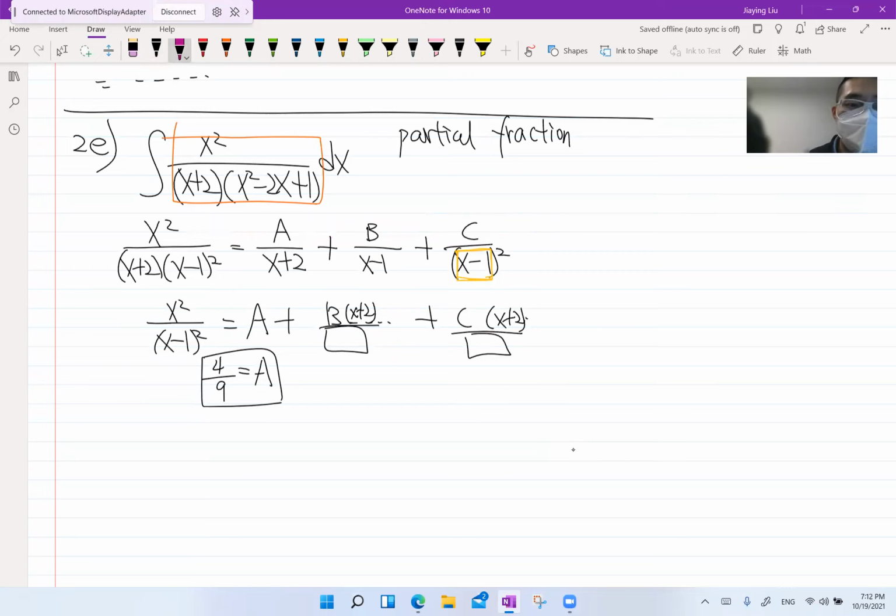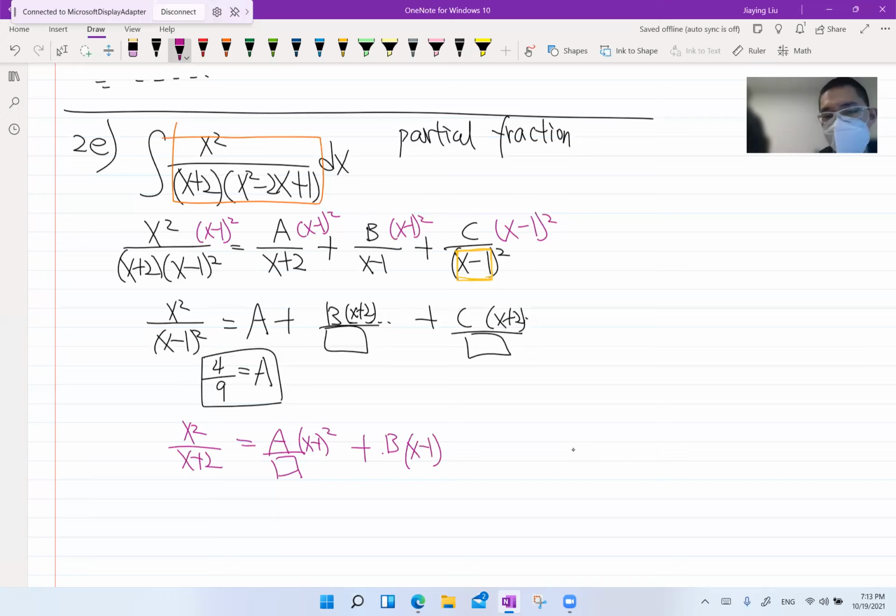We're going to multiply all terms by x minus 1 squared, which will give us c by itself. So I have x squared over x plus 2 equals the a term with x minus 1 squared, the b term, which just has x minus 1, but that's okay, and the c term, just c.